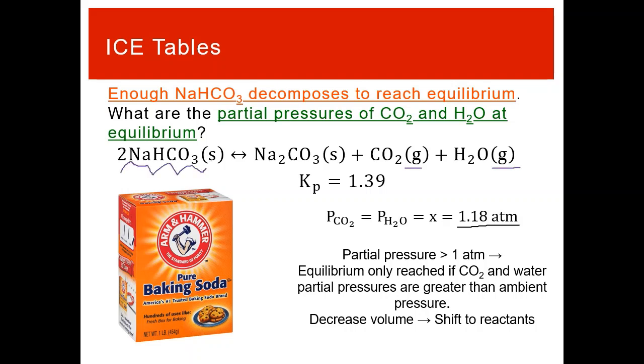So if you put your baking soda in a sealed container with a small volume, you won't be able to produce a ton of gas, and that'll prevent the decomposition. Cold temperatures also prevent the reaction from reaching equilibrium. Slow kinetics.